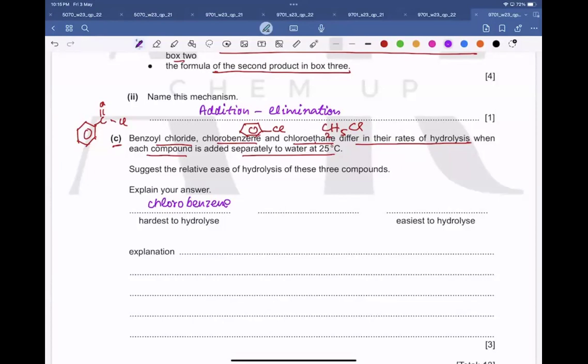As a result, the carbon-chlorine bond gets weaker. So this one is very easy to hydrolyze. Its hydrolysis occurs at room temperature. And chloroethane is the one whose rate of hydrolysis is intermediate between these two.